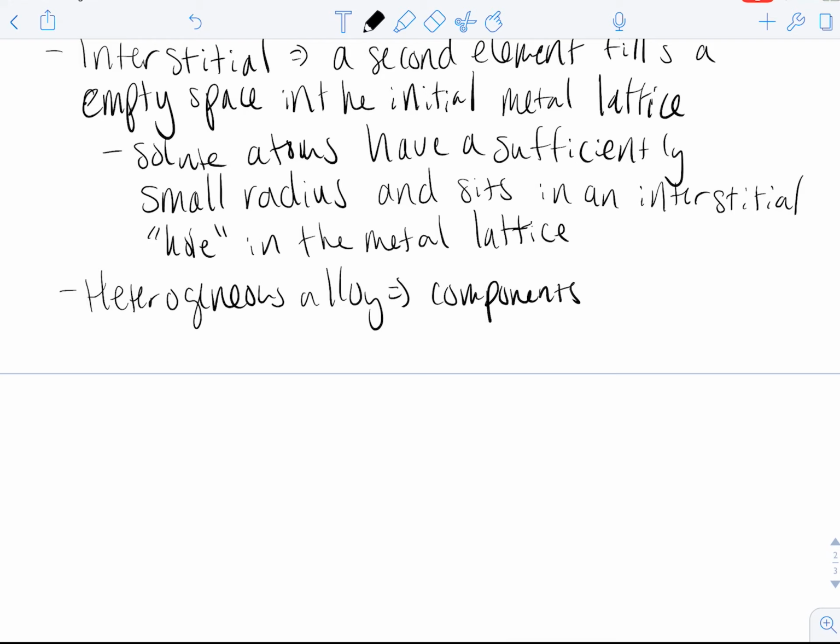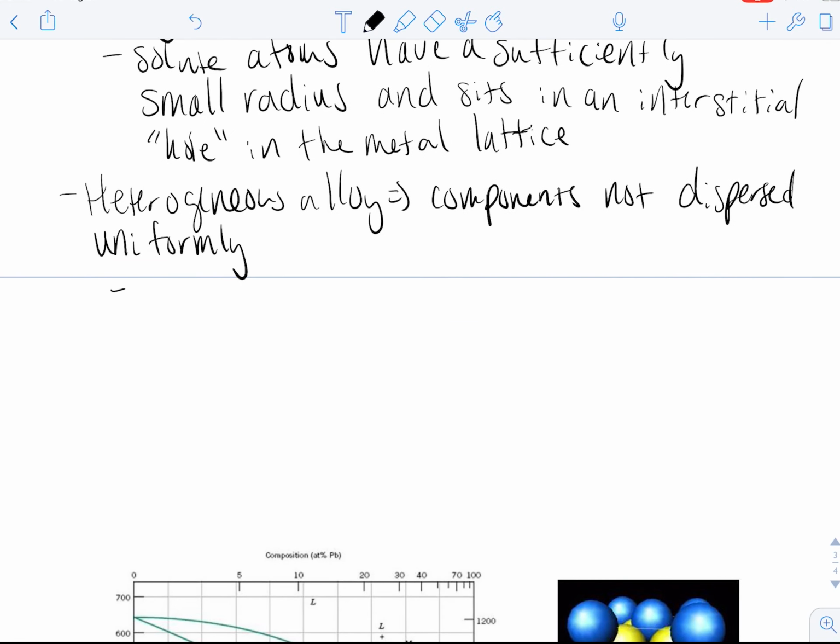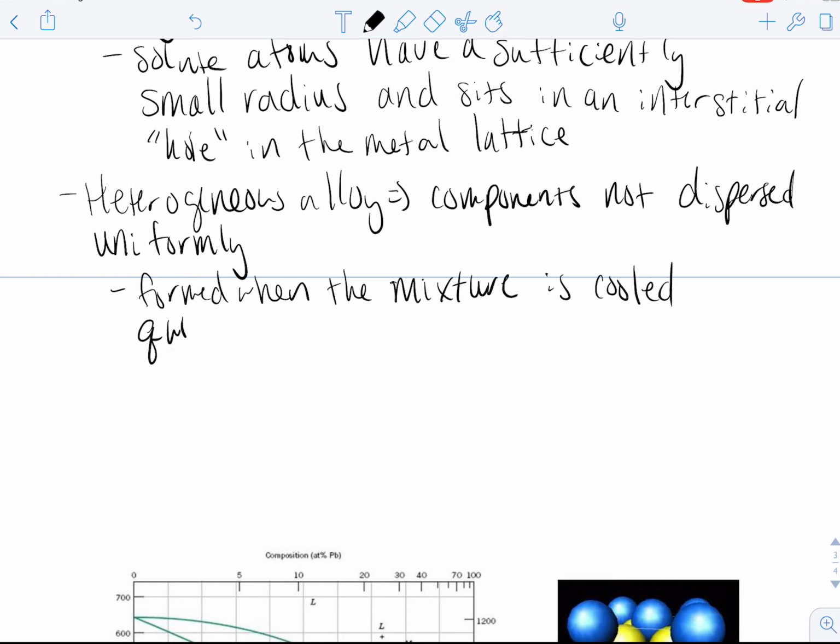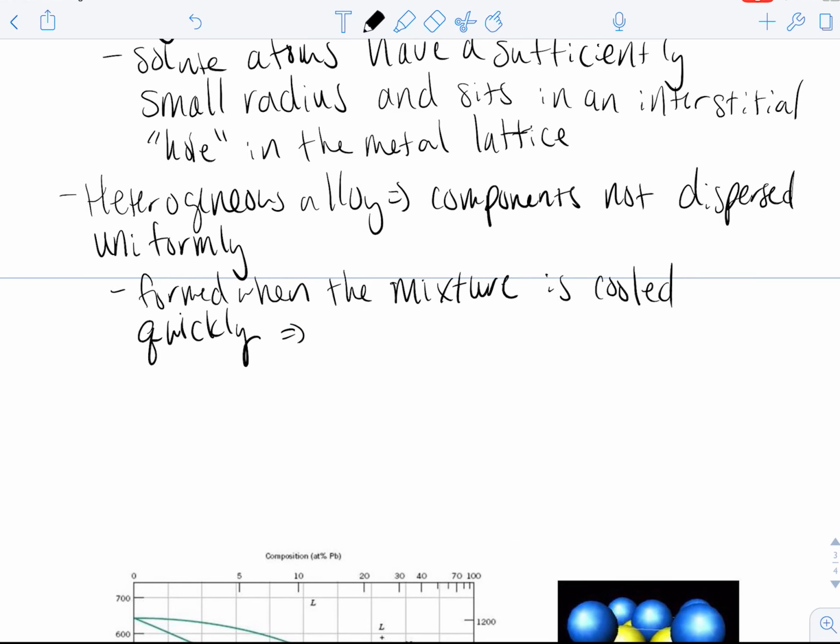So only certain parts will form certain alloys. And we get these a lot when we cool quickly. Okay, and that results in different phases throughout.